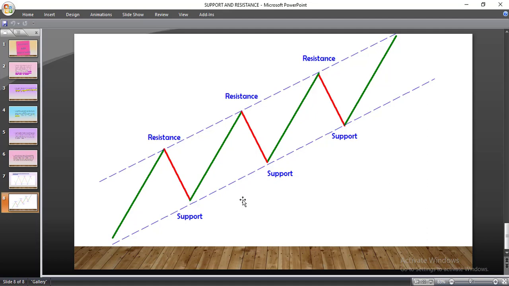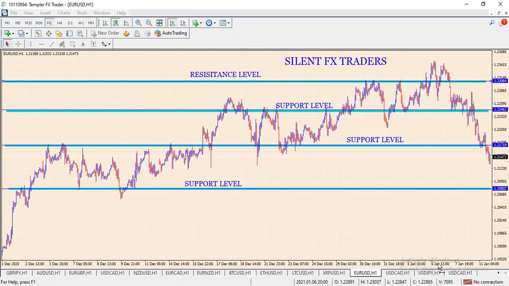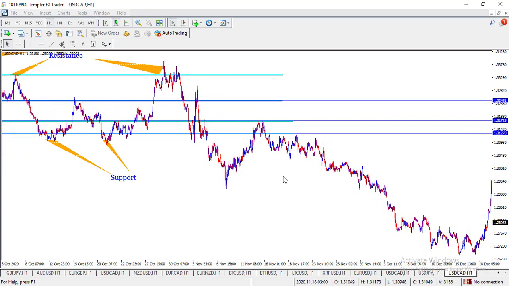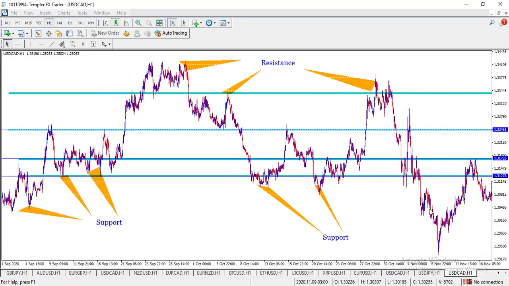So let's go and jump into our real charts of today, and you get a most clear picture to easily identify support and resistance levels, guys. So I spotted these areas. Whenever you see a rectangle structure, all these are our support levels.